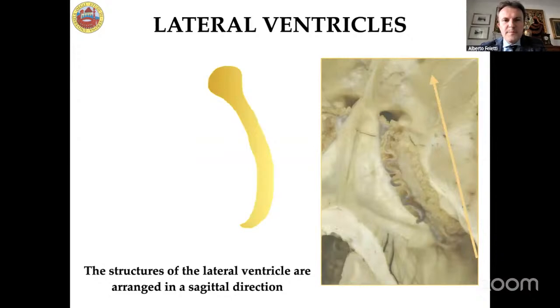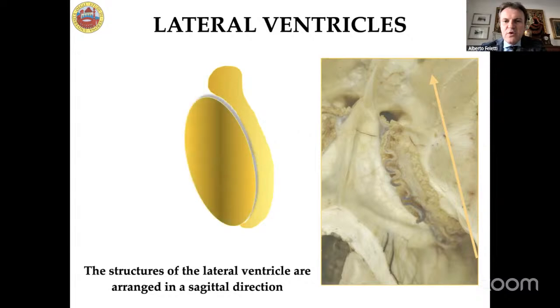If we want to draw the structures that we see from an endoscopic point of view, of course, we have to draw the lateral parts of the lateral ventricle and the floor of the lateral ventricle, and also the medial part. So let's start from lateral to medial. The most lateral structure that we can see is the caudate nucleus, which has this direction, as you can see from the arrow.